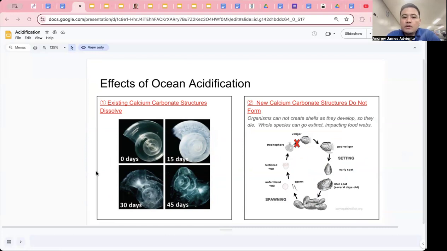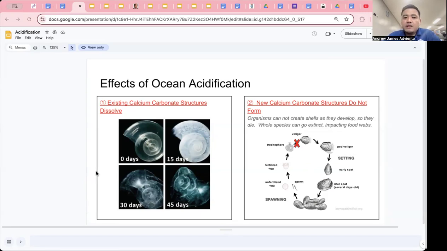Number two, new calcium carbonate structures don't form as easily. Young marine organisms fail to develop properly, leading to lower survival rates. If this continues, it could disrupt the entire marine food chain, affecting not just ocean life but also human economies and food supplies.